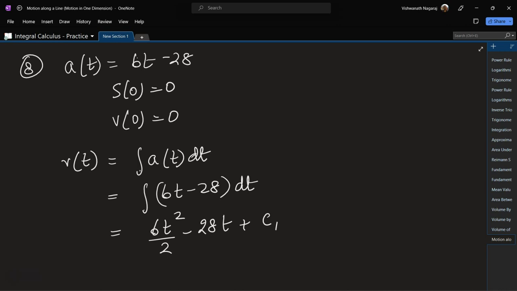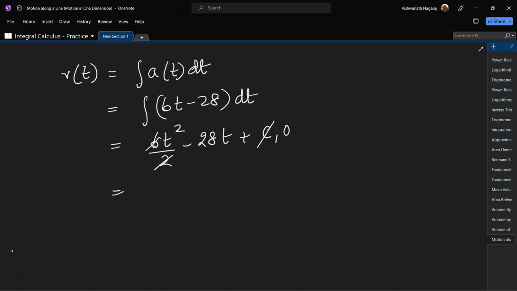Now because v of 0 is equal to 0, this will become 0. So which means 2 3's. So 3t square minus 28t is going to be v of t.